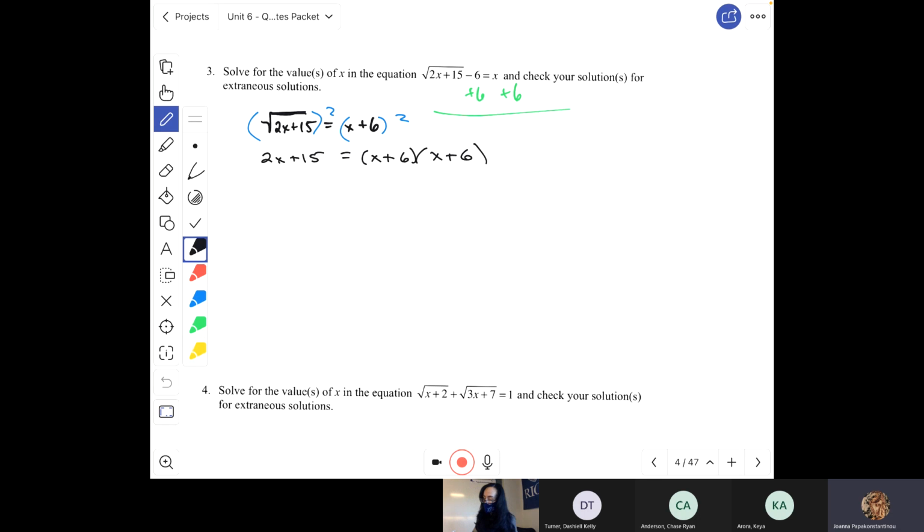FOIL. Yeah, just FOIL. So on the left, I have 2x plus 15. On the right, first terms multiplied together give me x squared, then outer, inner, and last. Combine like terms on the right-hand side.